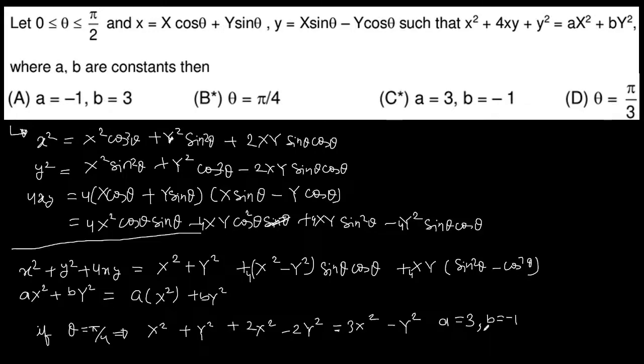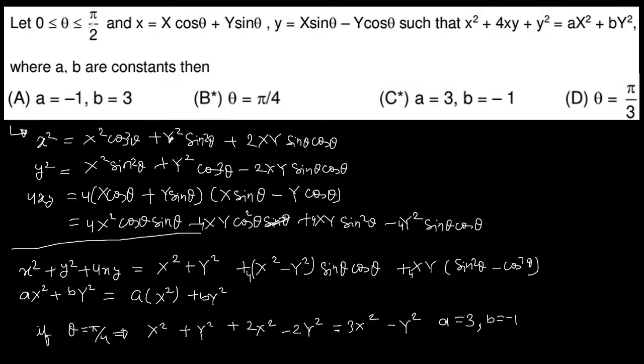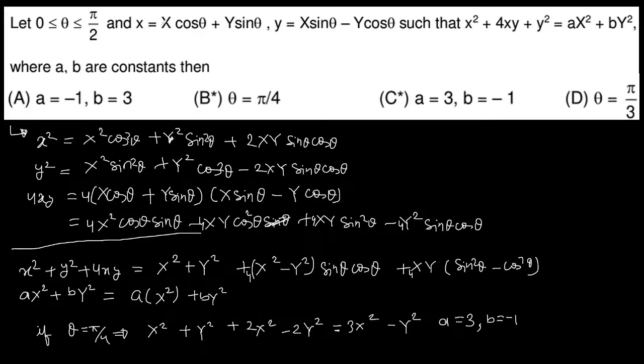Okay, if you put theta equal to pi by 3, we are going to get x square plus y square, and pi by 3 is 60 degree, root 3 by 4.